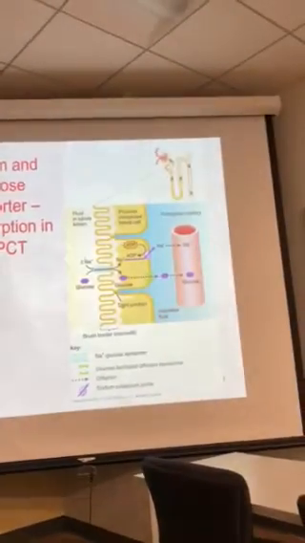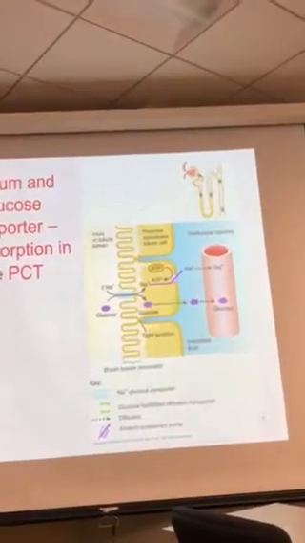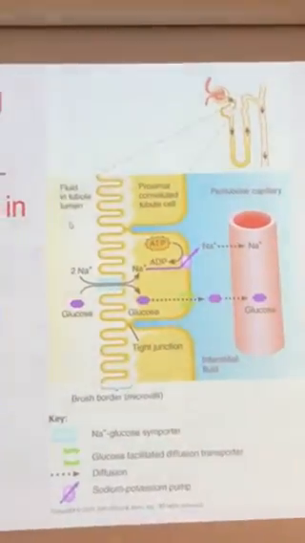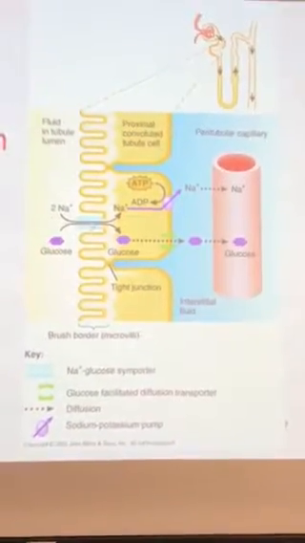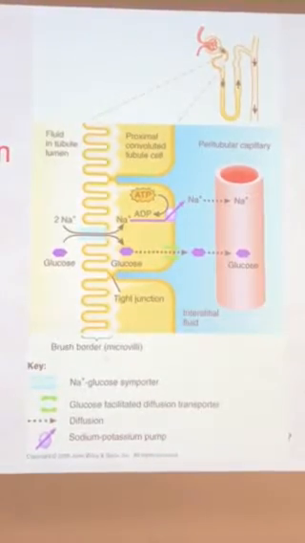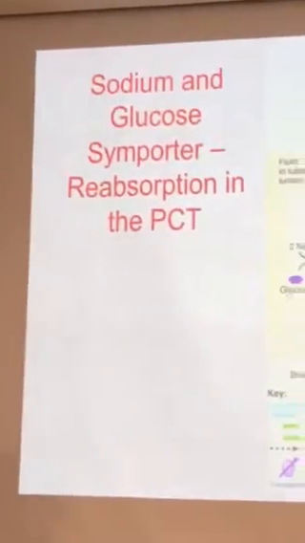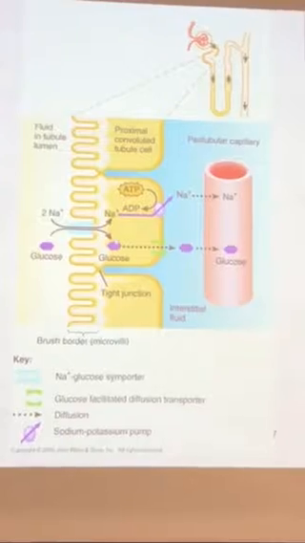So here's our symporter. If you have glucose in the filtrate coming out of the glomerulus, and you have sodium there, you have those special symporters, here they are, where glucose and sodium will come in here.